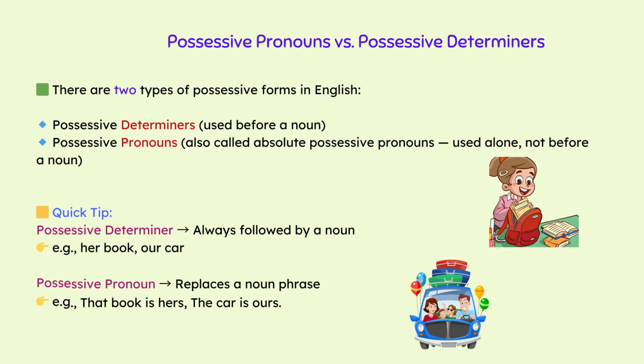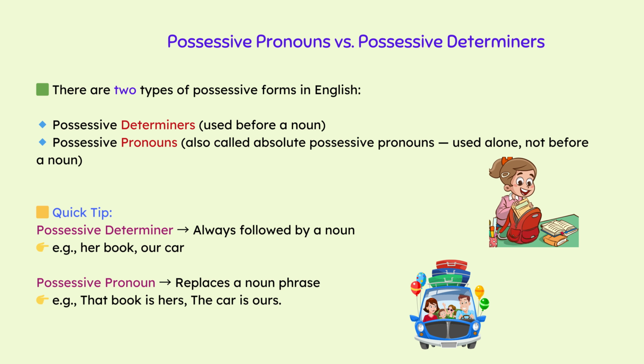Let's look at the difference between possessive pronouns and possessive determiners. There are two types of possessive forms in English. First, we have possessive determiners like my, your, his, her, its, our, their. These are always followed by a noun, like her book or our house.